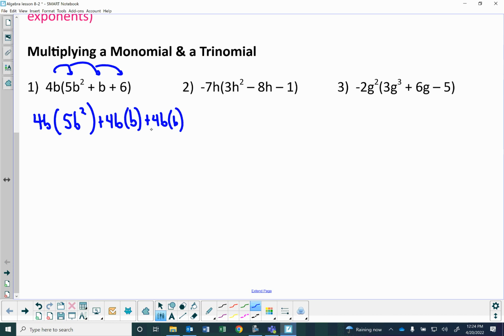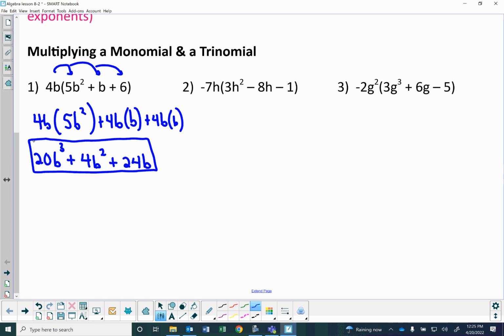So if I multiply this out, 4 times 5 is 20. B times b squared is b to the third. There are no numbers in the middle term here, so 4 times b becomes 4b squared. And 4b times 6 becomes 24b. And that is my final answer there.